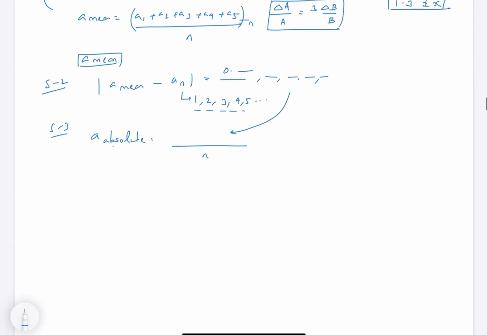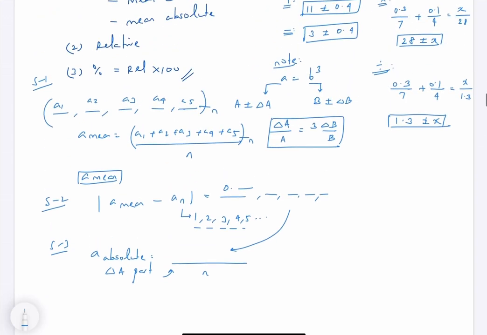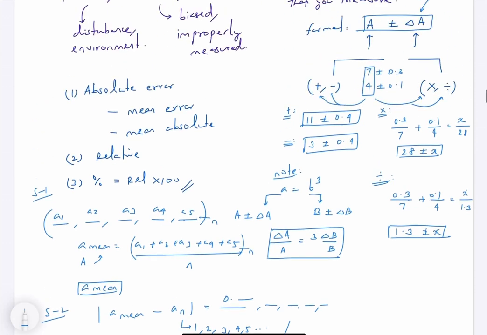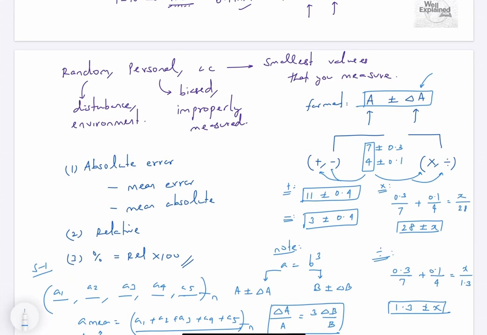So this is that delta A part. And what is A? The mean is the A. That's the closest to the truest value that you can get. So A and delta A we got, and now happily we can form this format if it's being asked.